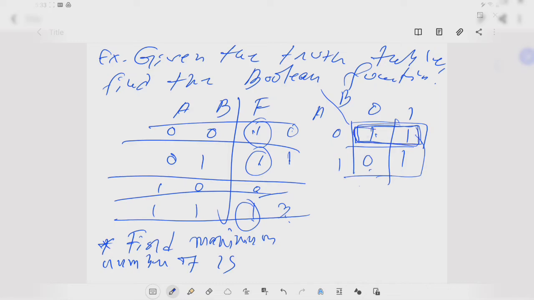These two ones are adjacent. What is common for these two ones? a is 0 for both. For the first one, b is 0, and for the second one, b is 1, so b doesn't work. In this case, only a works. a is 0, so it's a prime.